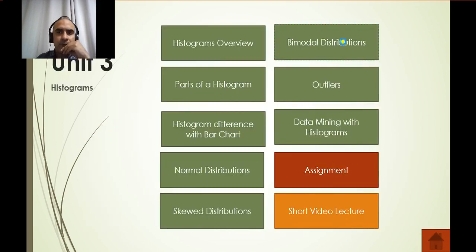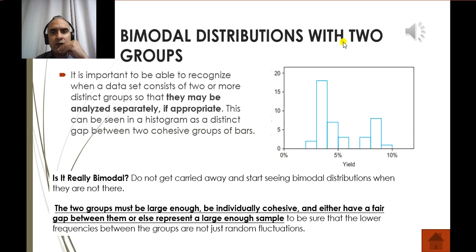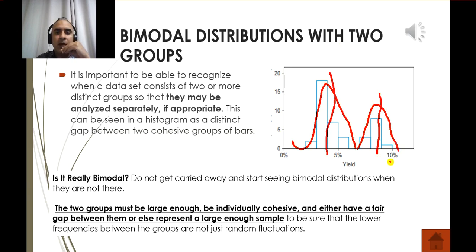So now we also have another kind of distribution, which is a bimodal distribution. That means that we have two bumps. Now in this case we have two bumps.